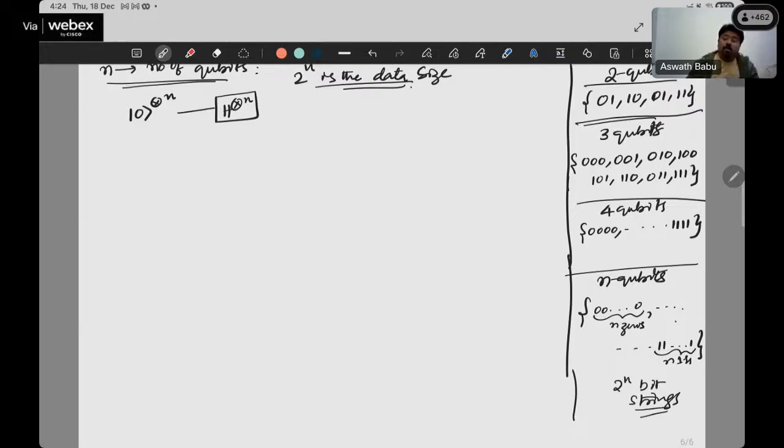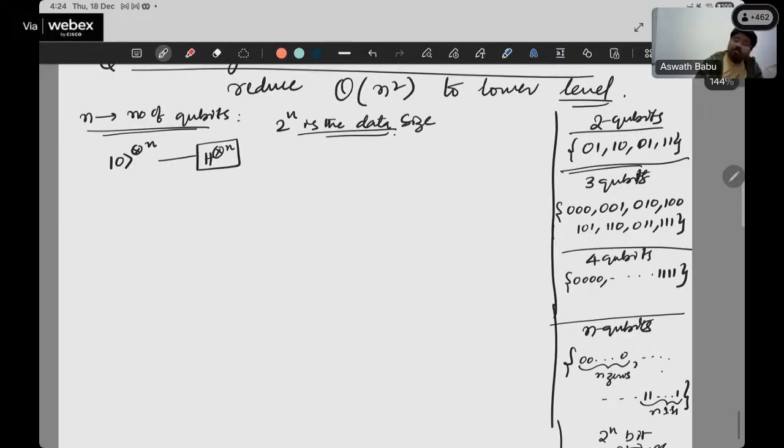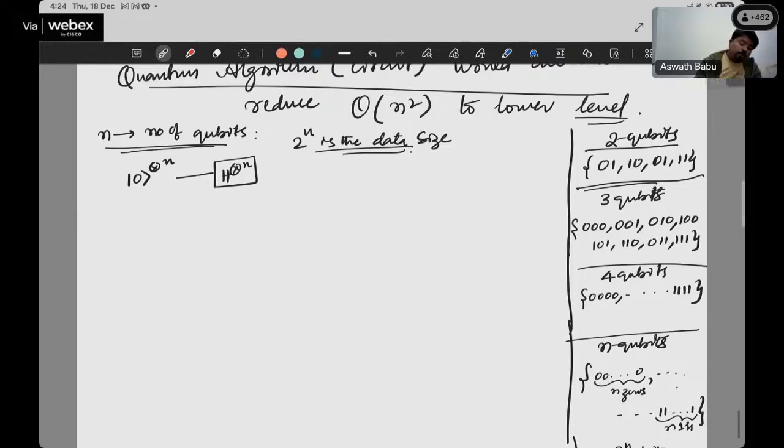Now in the quantum circuit, initially the n qubits were all taken in 0, and then we have Hadamard gates.